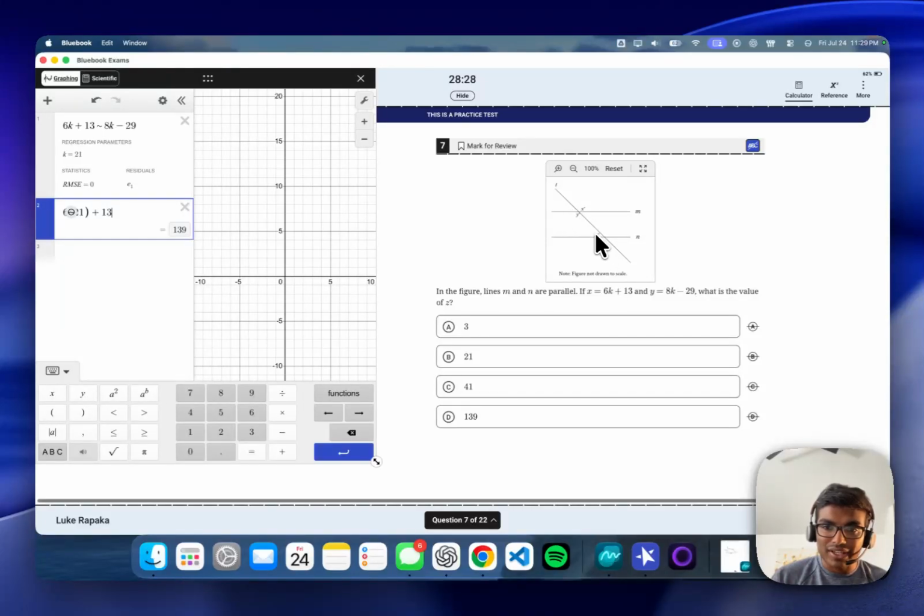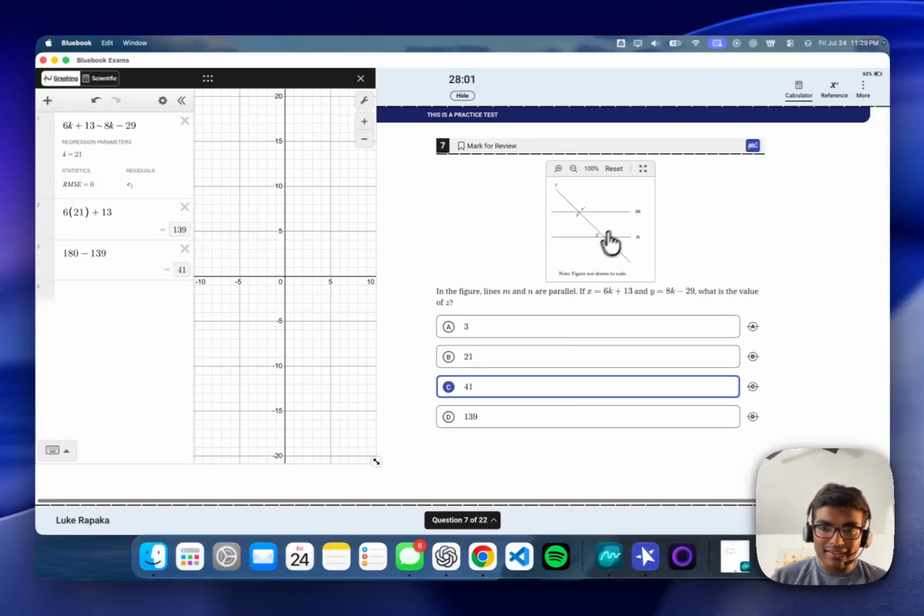So if this is z over here, that would correspond to this white space here. Since I know that x is that, I also know that these two white spaces between here are also vertical angles, just because x and y are as well. So what I can do is 180, because that's supplementary here, right? 180-degree angle for a flat line, minus 139 equals 41. That is the value of z.